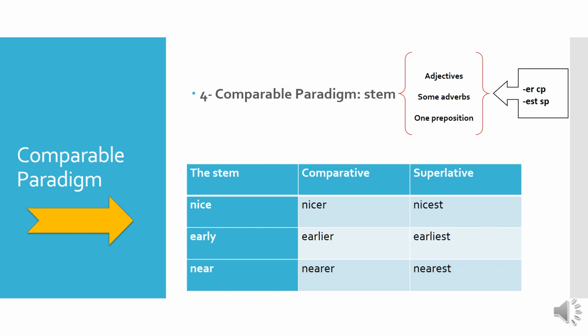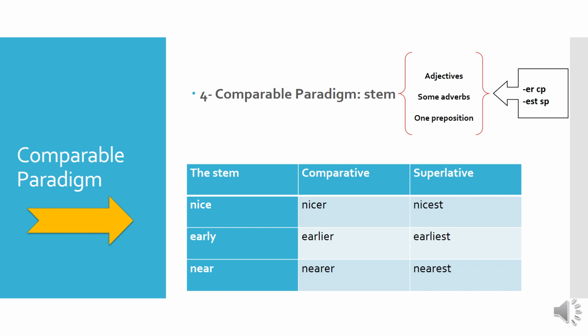The next word is early. Early is an adverb. This adverb has a comparative and a superlative form. That is why we can put it in the comparable paradigm. The stem is early, the comparative form is earlier, and the superlative form is earliest by adding er comparative and est superlative.